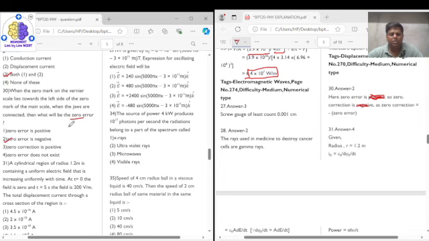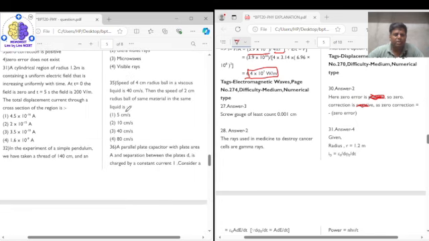So if the zero of the vernier scale lies on the left of the main scale, it is negative zero error, and the correction will be positive, that it will be added. And if the zero of the vernier scale lies to the right of the main scale, then the zero error is positive and the correction is to be subtracted, right? So the correct answer for question number 30 is option 2.